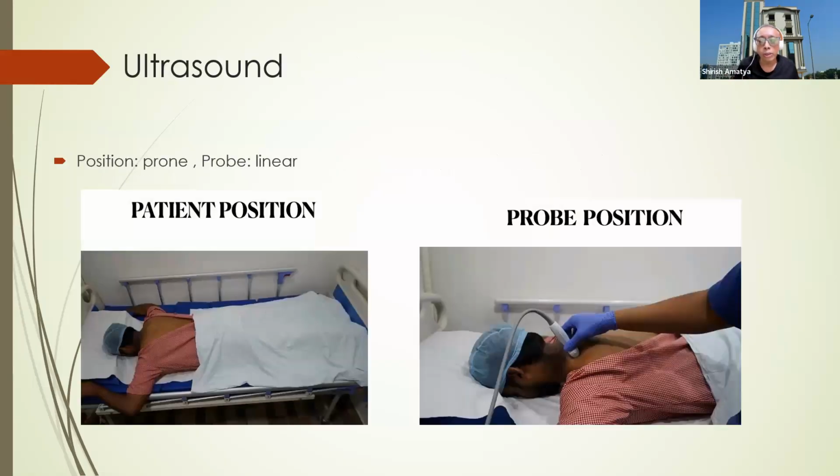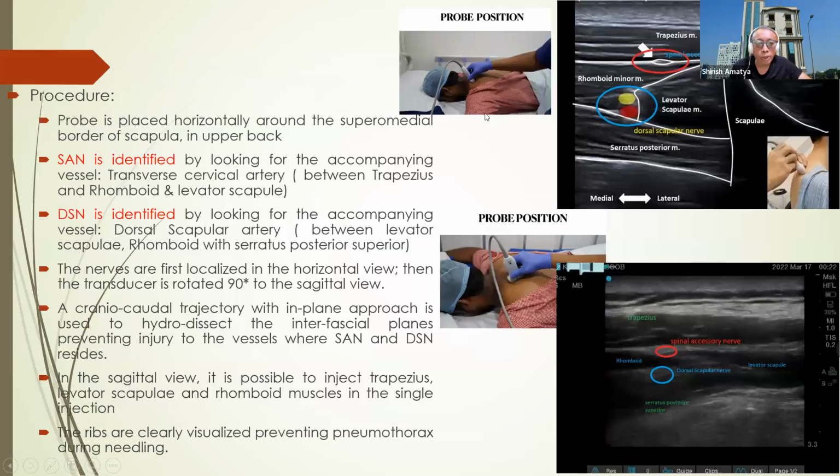So to do the spinal accessory and dorsal scapular nerve block, normally the position of the patient is prone, as shown in this picture, and we choose the linear probe. At the beginning, we put the probe in a horizontal manner just over the upper part of the neck, so that the lateral most footprint of the linear probe is over the upper medial border of the scapula.